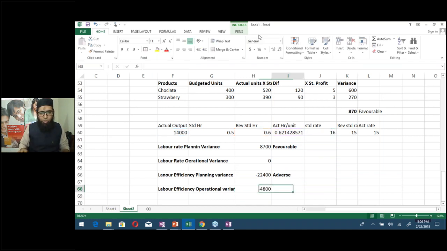So this will be 4,800 adverse. So this is how you can calculate the labor rate planning and operational variance, and also the labor efficiency planning and operational variance.